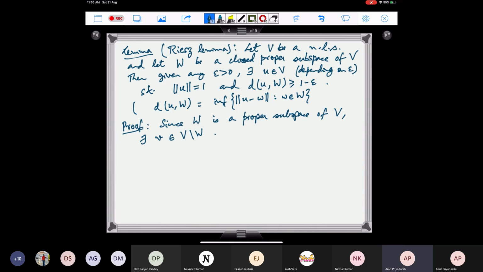So then, if we write delta equal to the distance of v to W, what can you say about delta? Can it be 0?